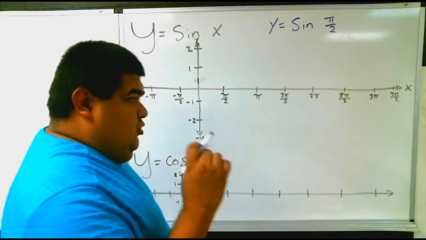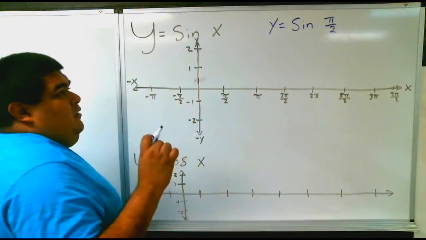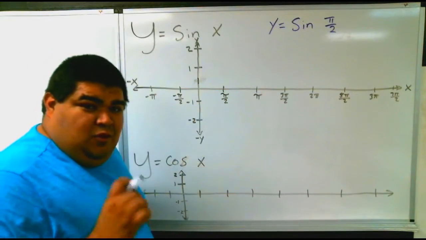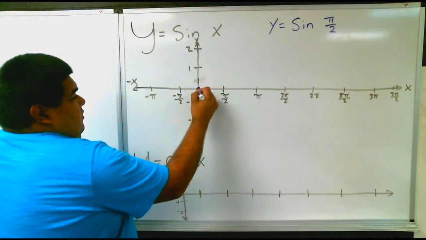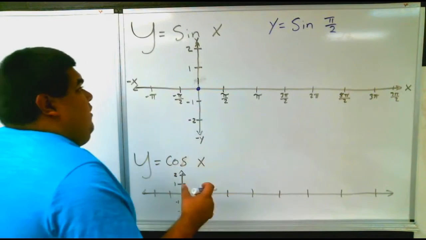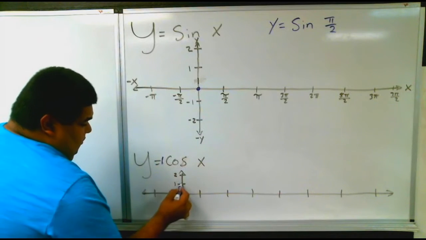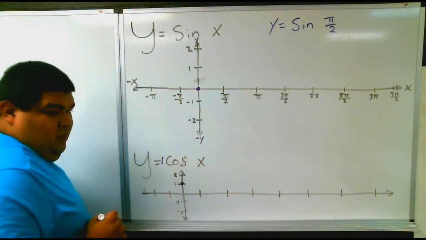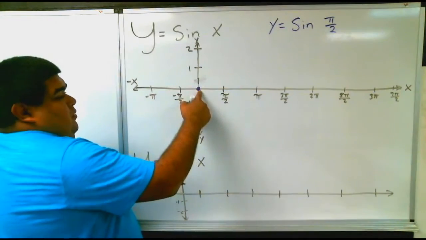The only issue here, notice I perfectly did nothing but half pi's. The only difference between sine and cosine is that with sine, you start at the origin, okay? With cosine, you start off at the point, which in this case there's a 1, so we start off at 1, okay? So here, we go up.